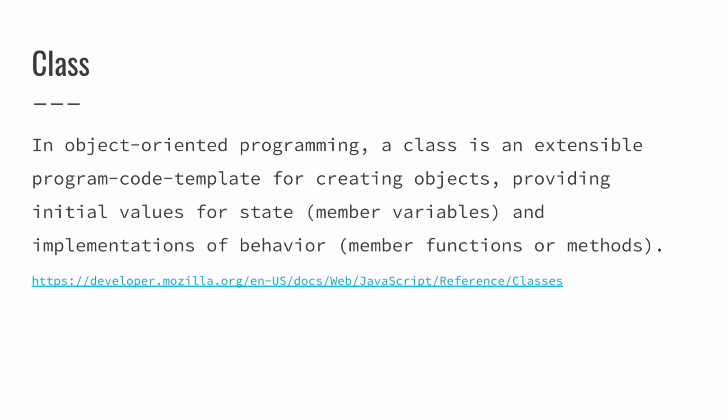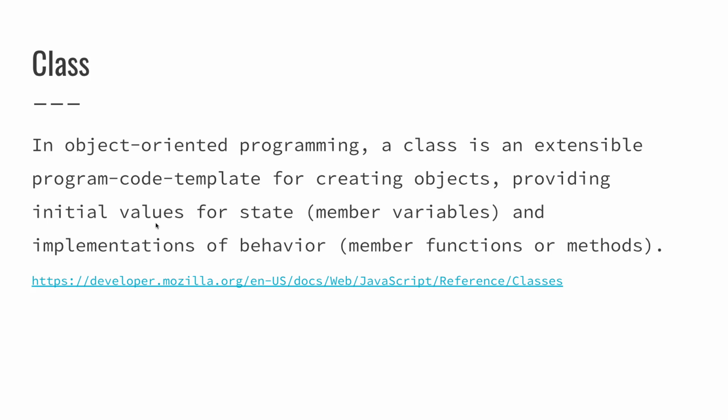So the class is our blueprint, is our template, and then we create new things. They will have state, variables, properties, and functions, which are our methods. Pretty much what we did with array. When you create a new array, you can pass some initial value.